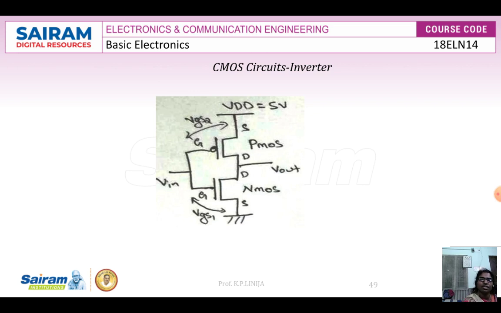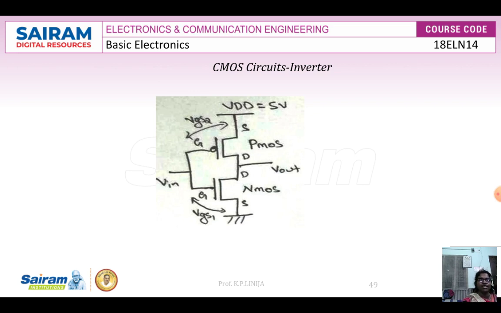So Vin 0 means obviously the gate voltage will be 0, so VG is equal to 0. But whatever the VDD is, that will be dropping to the source. Therefore, VS is 5 volt, and 0 minus 5 gives VGS2 equal to minus 5 volt. Therefore, the PMOS, that is the P-type metal oxide semiconductor, will be in on condition.